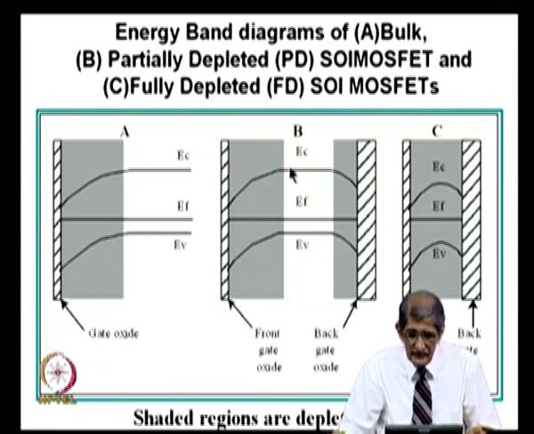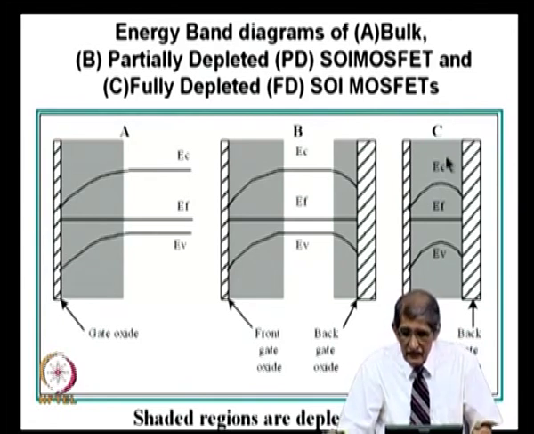If you go here, the energy band diagram is flat and the electric field is 0. From here out it is 0. Merge them together: up to this point the electric field is in that direction and belongs to the front gate, and from the back right side to the left-hand side, the electric field is towards the left.